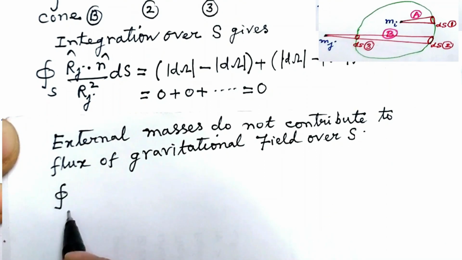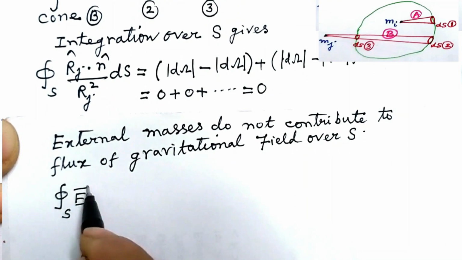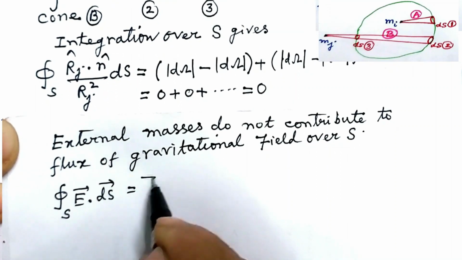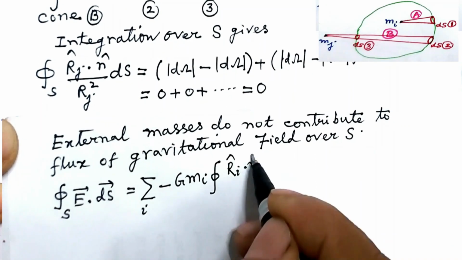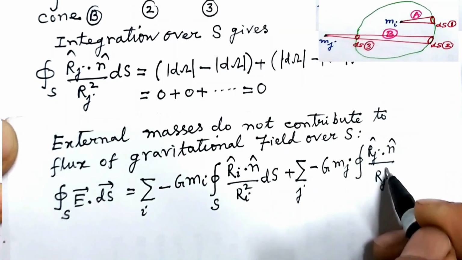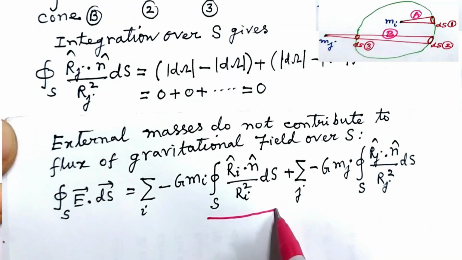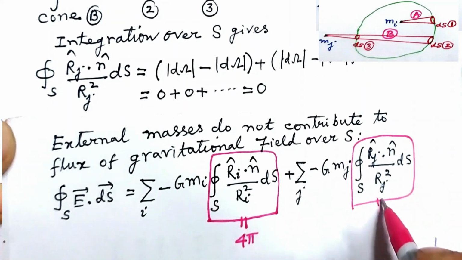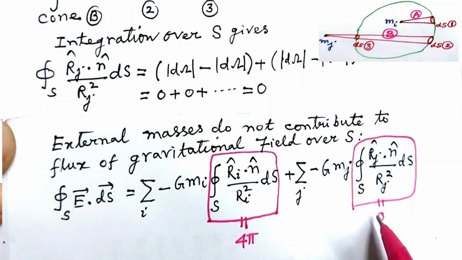Closed surface integration of gravitational field vector E dot ds, that is the flux of gravitational field E, is, let us quote the expression that we previously wrote. This factor contributes a 4 pi, and this factor gives 0, does not contribute.